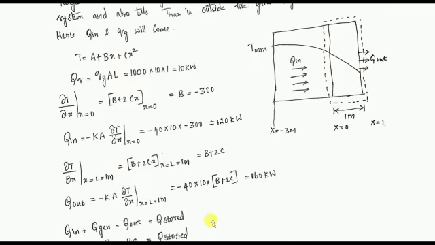So at x equal to 0, we need to find the value of dT/dx, and we know the k and A values. When you differentiate with respect to x, we get b plus 2cx. We know the value of b, which is minus 300. If you substitute x equal to 0, the 2cx term gets cancelled. So minus 300 is the value of dT/dx at x equal to 0.